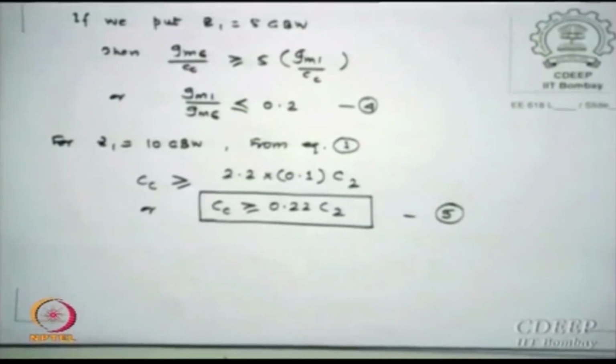How much will it be then, what is C2, 10 pF. C2 is given to you as 10 pF, so how much should Cc be, it should be more than 2.2 pF. Now you can take 2.5, you can take 3, it should be more. So I know which is the minimum Cc I must use, so that 60-degree phase margin is guaranteed when I put my zero at 10 times the gain bandwidth.